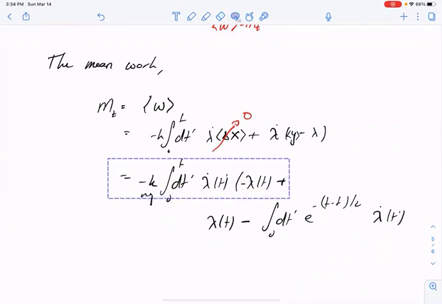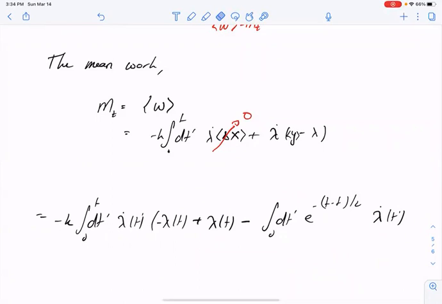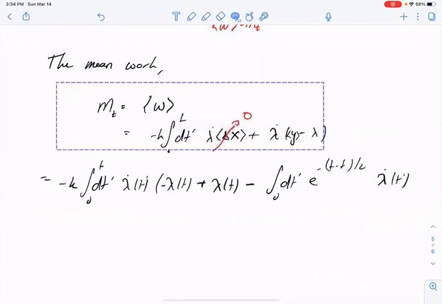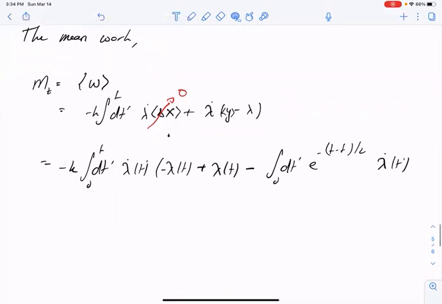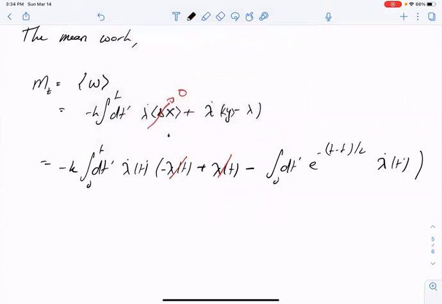Let's put this all on the same line, all in parentheses. All right, and now you see why we factor out that lambda to begin with. These lambdas then cancel. Now 2 integrals from 0 to t. So these need new dummy indices.